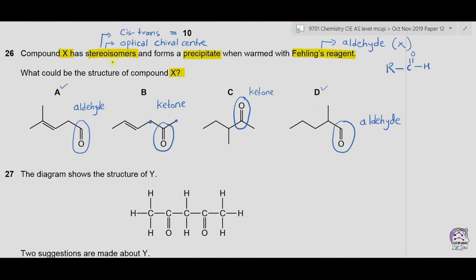Now let's find out stereoisomers. In A we have a double bond present, so therefore cis-trans isomerism could be present. For cis-trans, the rule is that the atoms or groups attached with the carbon atoms that are making a double bond must be different. So we can see this is methyl and this is also methyl, and both are same groups attached with this carbon, so therefore compound A will not show cis-trans isomerism.